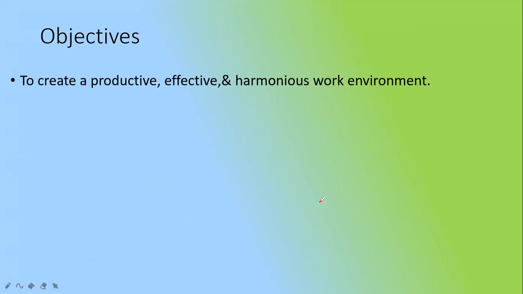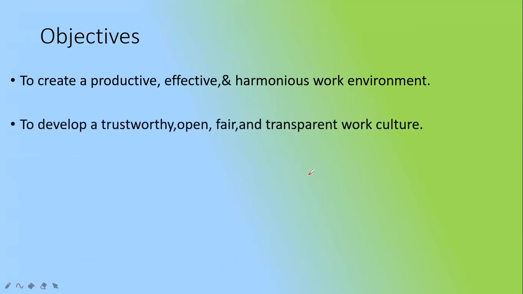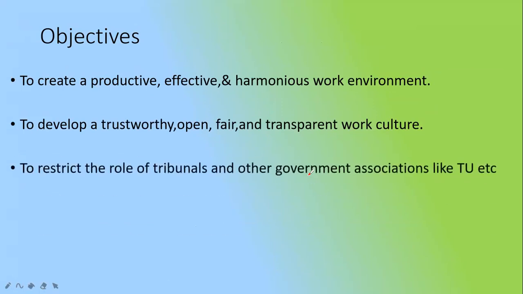The second objective is to develop a trustworthy, open, fair, and transparent work culture, and to restrict the role of tribunals and other associations like trade unions, and to encourage direct negotiation between the management and the workers, etc. Direct interactions between the employer and employees are also restricted. So these are the objectives of the first approach, the unitary approach.